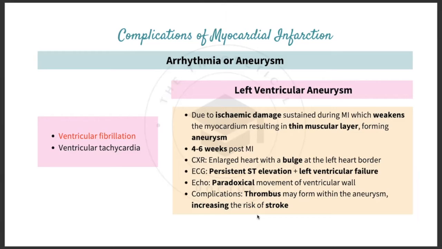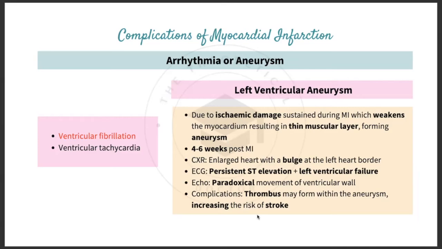It's very important to remember this complication because in MCQs, they would write the story like this. For example, a lady who suffered a myocardial infarction about 4 to 6 weeks ago presents with acute limb ischemia, let's say of the left arm.